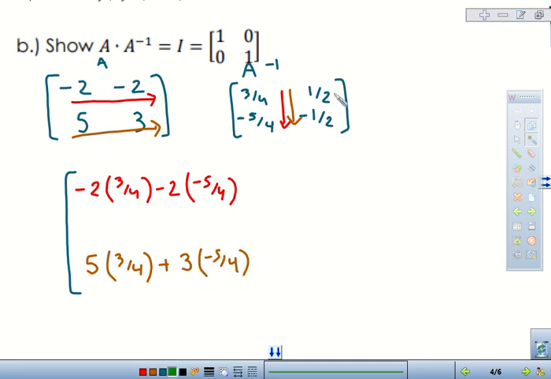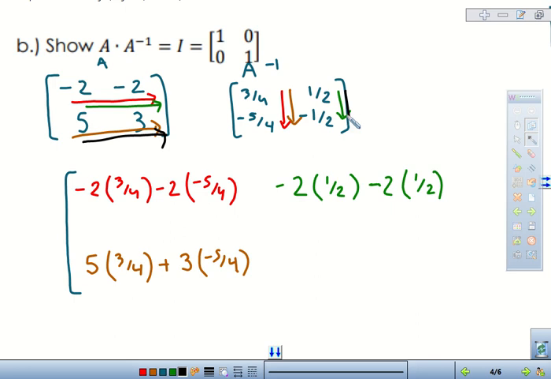And then we're going to move on to the next column and go back to the first row. And then the last one, last row times last column. All right, any questions about that?